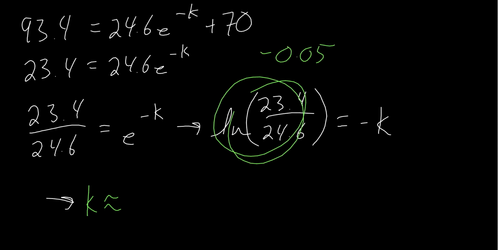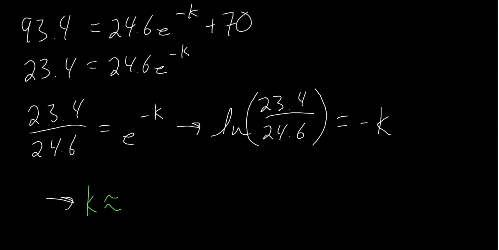And if we're solving for k, then we multiply both sides by negative 1, so it becomes a positive 0.05. Okay, so now we have our k.